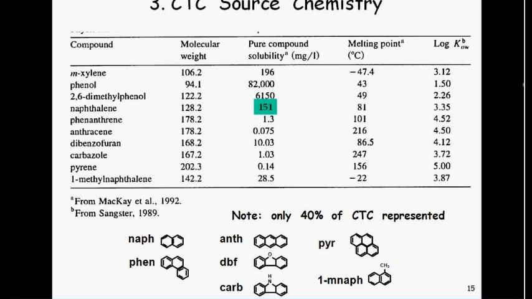In many cases, people do solubility at a slightly higher temperature and extrapolate back with thermodynamic constants to get a liquid solubility. But no, that would be a good point. Why wouldn't you, for carbazole, for instance, what is its real solubility? Is it the solid solubility? Do we have to correct for it? Good point.